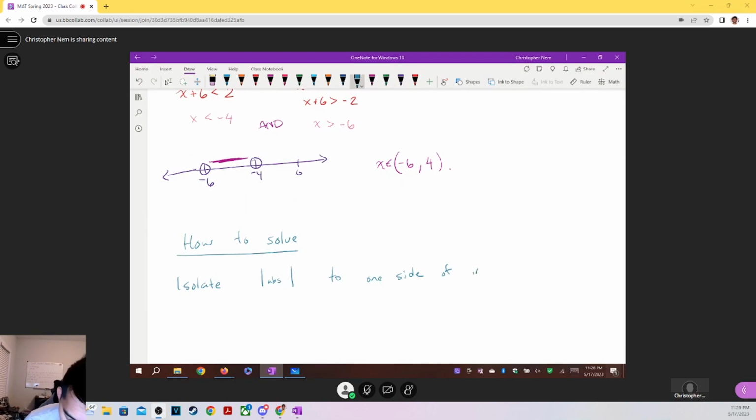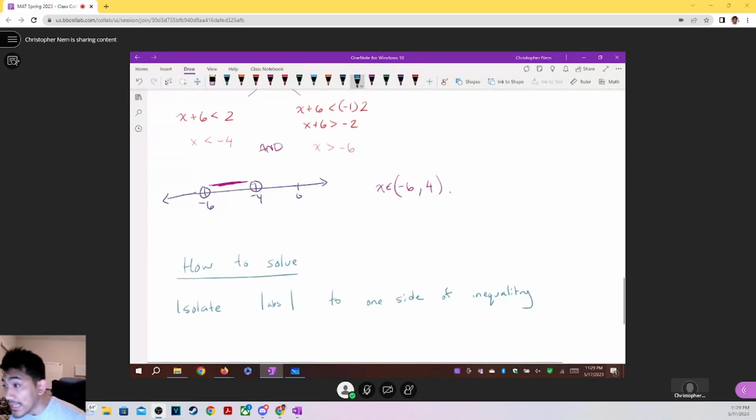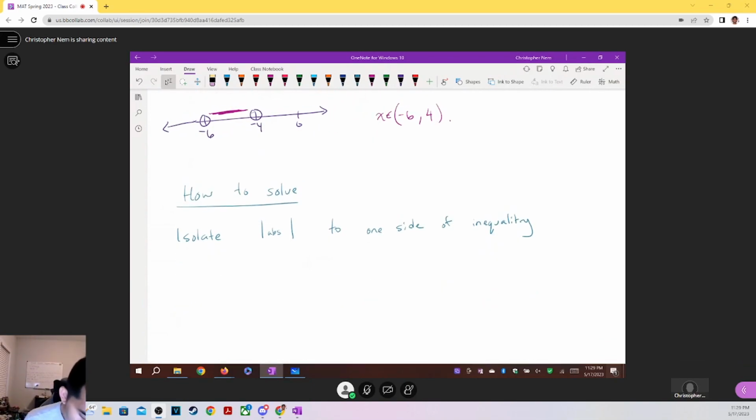Always do this. You do not know how to work with it. Move everything away from it. You can keep everything inside the absolute value inequality, but everything outside better be on the other side of the inequality. All right? So if I had a plus 6 next to my absolute value, you better move that plus 6 to the other side. So isolate it first. Then after you isolate it, what you're going to need to do is break it up.